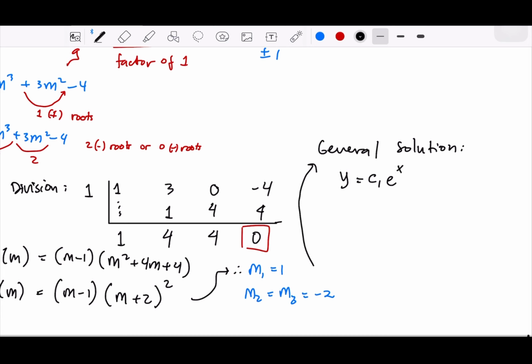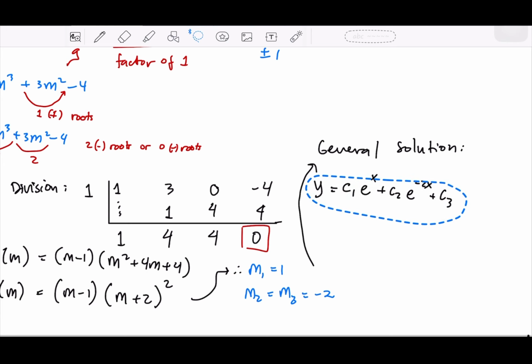And for m2 and m3, remember, if we have the same value, to make the components linearly independent, we need to multiply with x. And if we have, for example, 3, we need to multiply again with x. So x squared, x cubed, and so forth. So we are going to write this plus c2 e to the negative 2x, and then plus c3. So instead of just e to the negative 2x, we also need to multiply the c3 term with x. So x e to the negative 2x, okay?